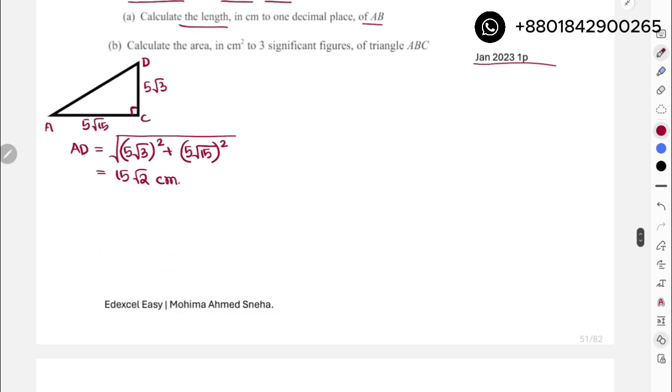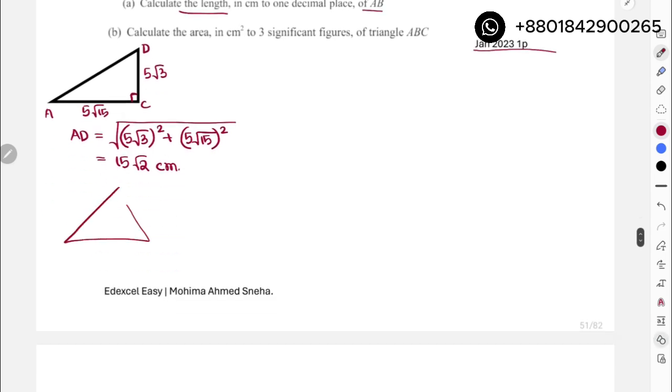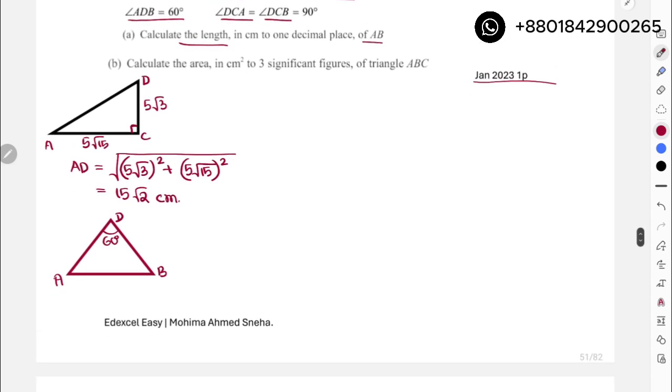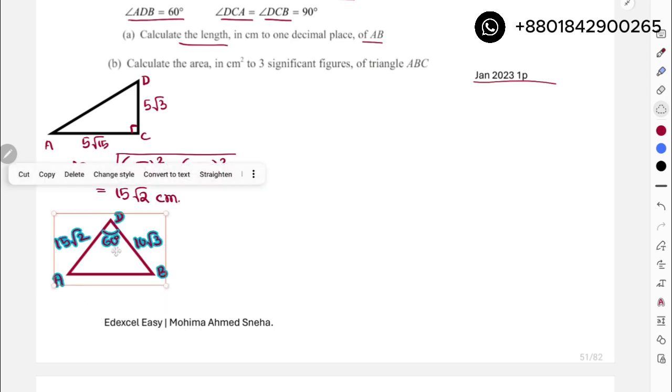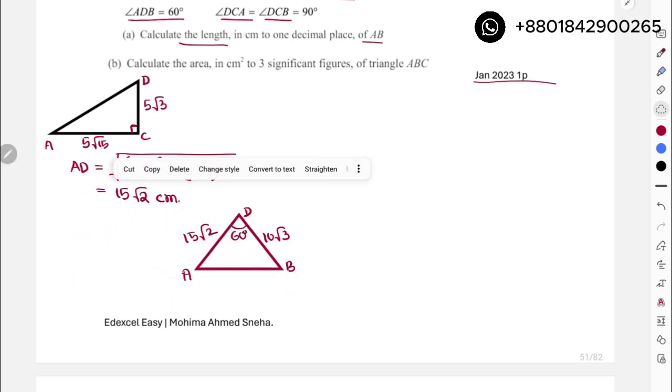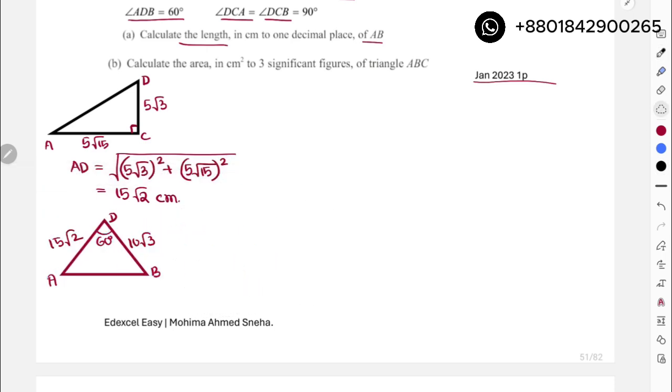And finally, now we can just focus on triangle ADB. This was 60 degrees and DB was 10 root 3, and this is your 15 root 2. After this, we can easily find the length AB. For that we can now use the cosine formula, right?